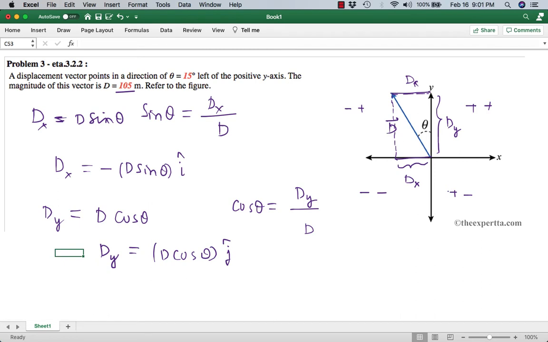And on part C, it's asking us to write the vector d in terms of the components and i hat and j hat vectors. Okay, so this is part A, part B, and on part C, this vector d's x component is negative d sine theta i hat plus d cosine theta j hat.